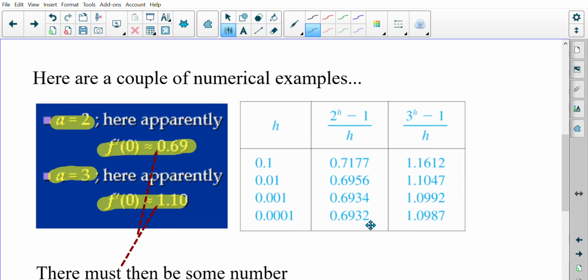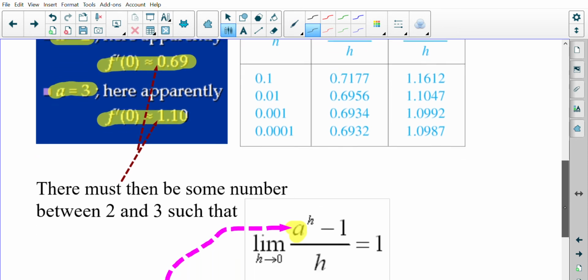Well, that means that there must be some base that we could choose between 2 and 3, such that this value would get closer and closer to 1. Because if that was the case, then we wouldn't even need this expression because it's just equal to 1.